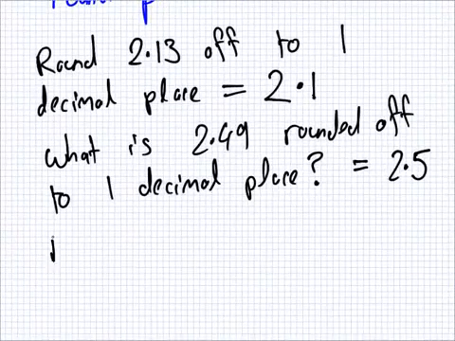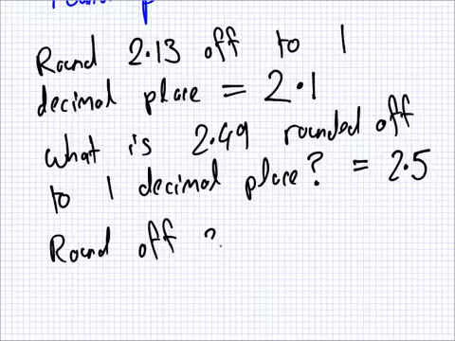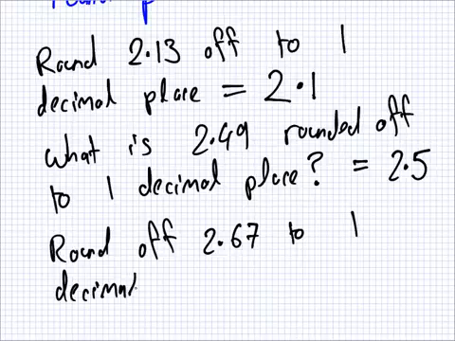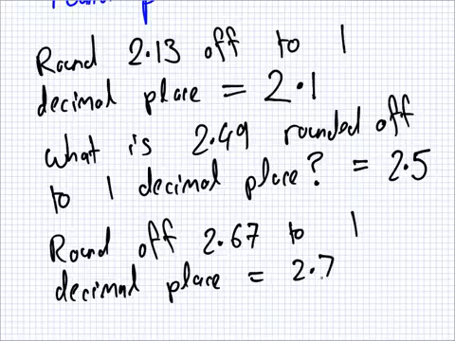Or you could even say round off 2.67 to 1 decimal place. That is 2.7. So they're all the same meaning.